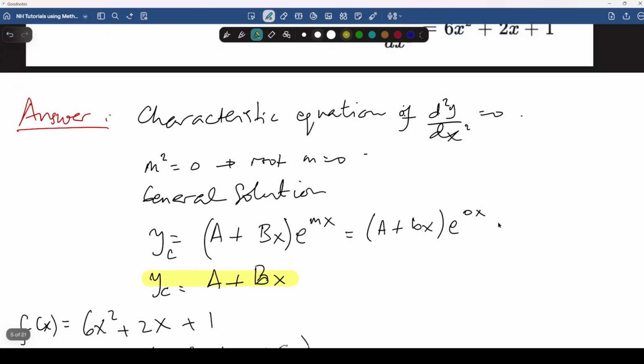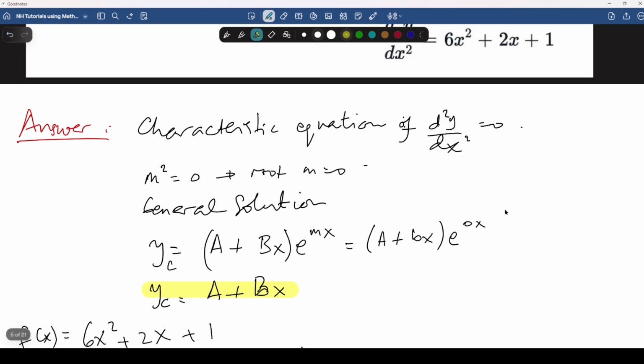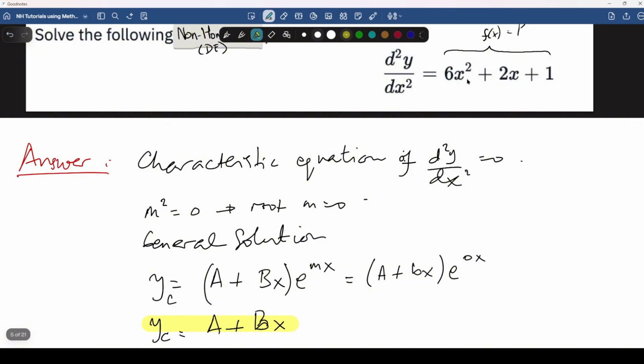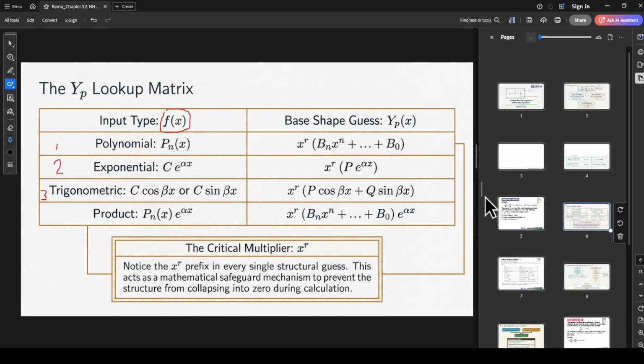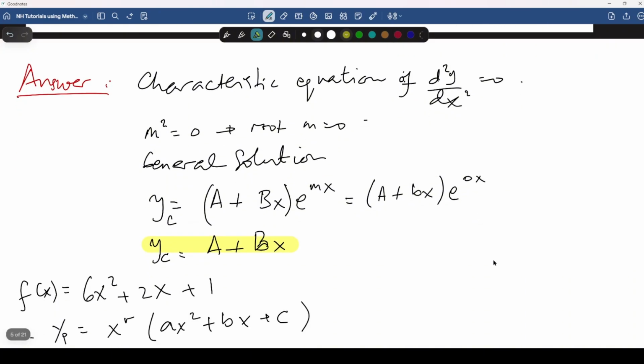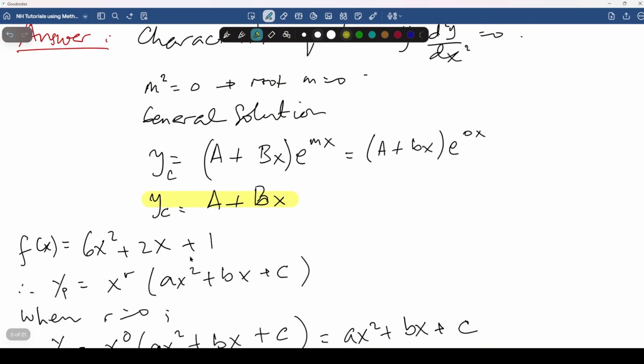And then we look at our non-homogeneous part. The f of x is 6x squared plus 2x plus 1, so we're still dealing with a polynomial, scenario number 1. Therefore, the yp, or the particular integral, starts from x to the power of r times (ax squared plus bx plus c), because it is a polynomial in the form of 6x squared plus 2x, and so on.